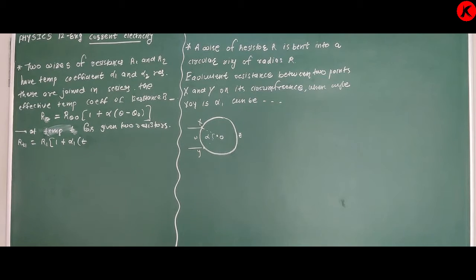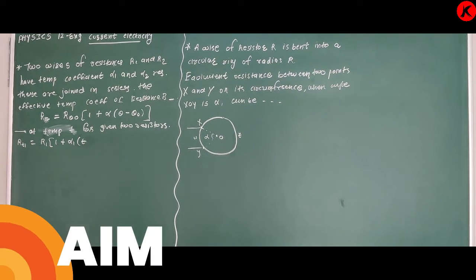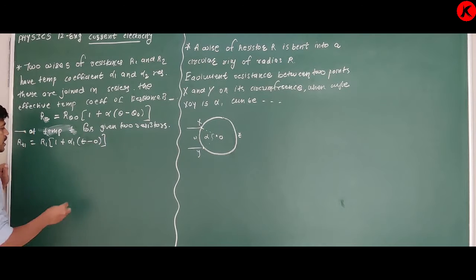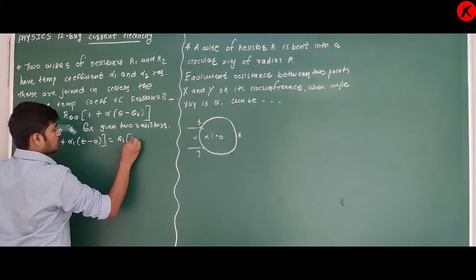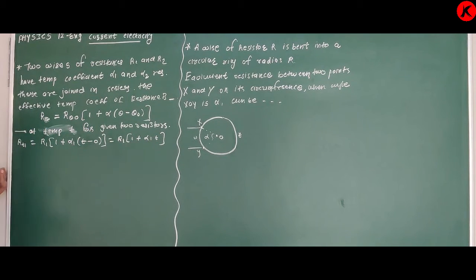Then how to write the reference temperature? As you are not given any reference temperature, you have to consider the reference temperature to be 0. So here I write 0. Then it becomes R1 into 1 plus alpha 1 T. Clear about this?